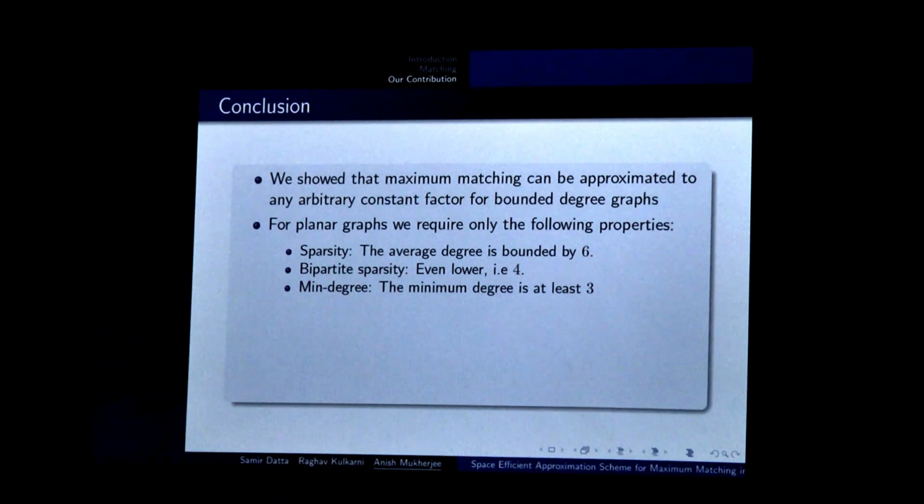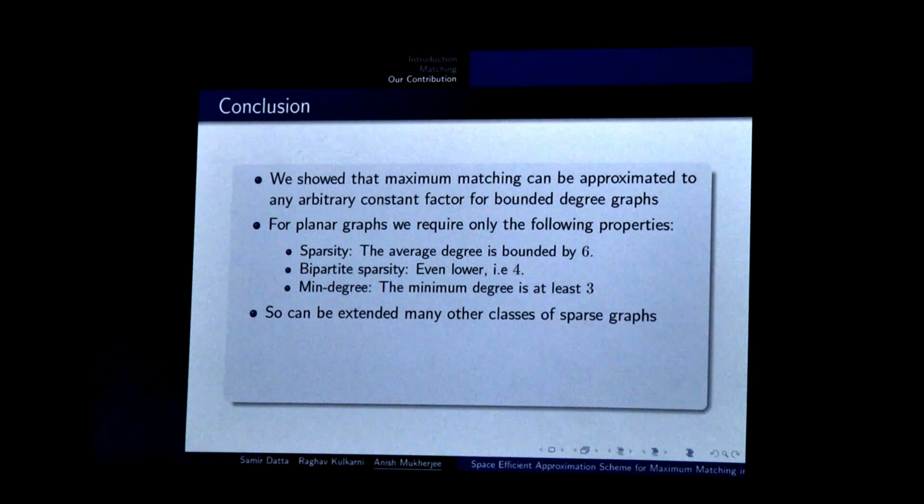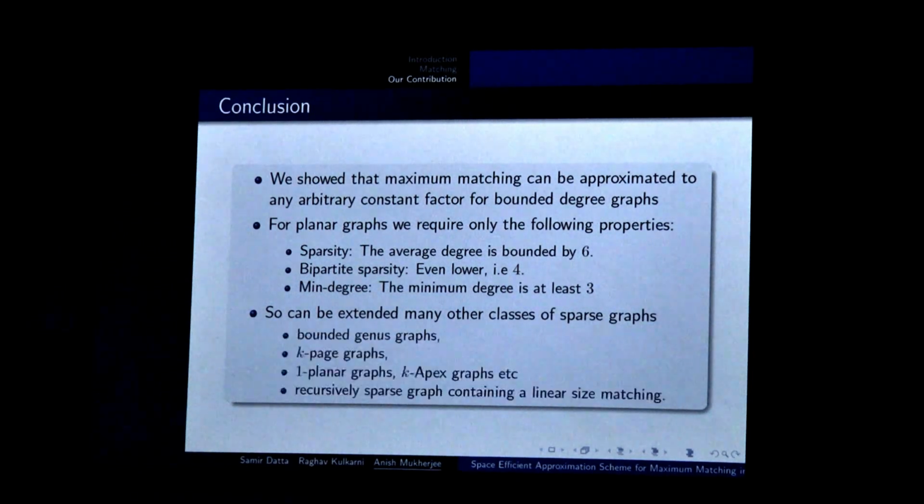This fact we also use in the proof of the planar graph case, and the graph can be made to a min degree 3 graph. These three facts are the main ones, so it can be extended to many other sparse graphs which also admit these properties, namely bounded genus or any recursive sparse graph containing a large matching.